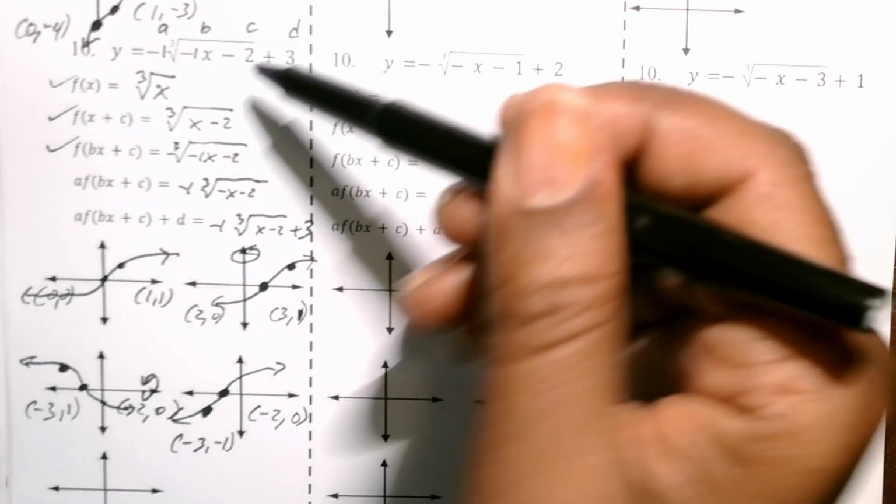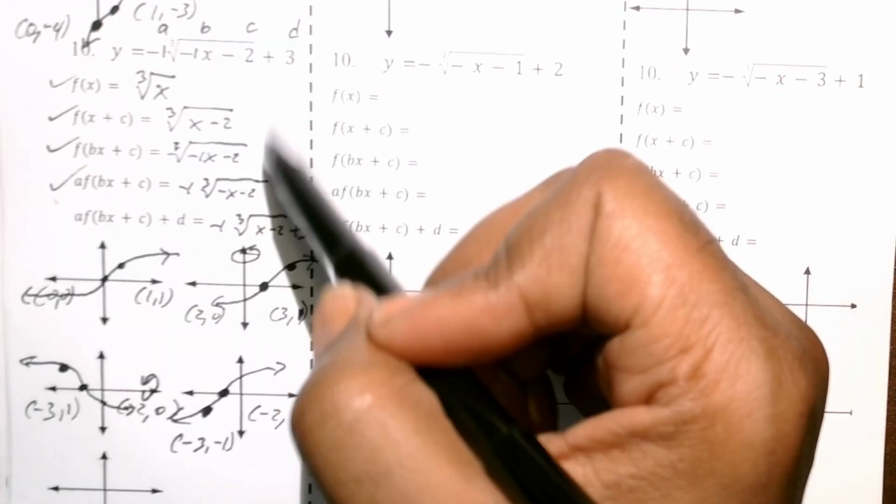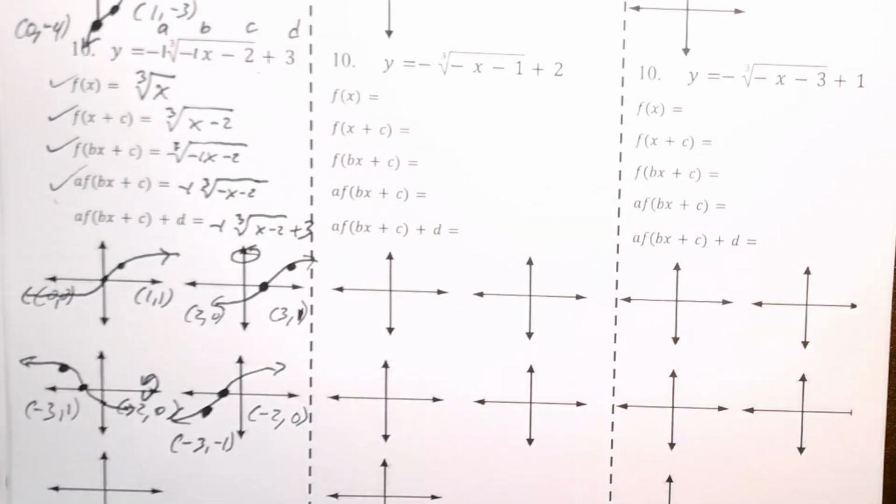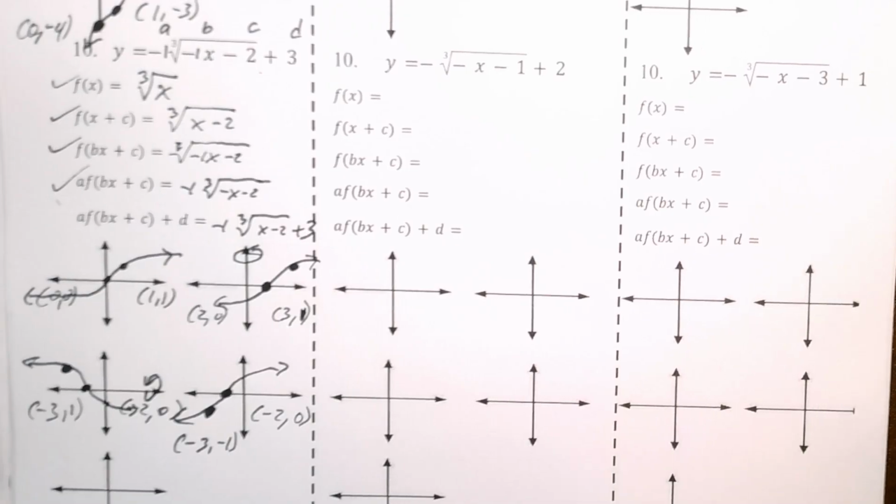Lastly, the d parameter is going to raise this up 3 times. And some of this graph is cut off. Let's see. Can I? Nope. It doesn't go any higher. I may be able to get away with this right here, because if I raise my point here, negative 3, negative 1 up 3 times, it's going to go up to negative 3, 2, which is right there, and we can all kind of see that.